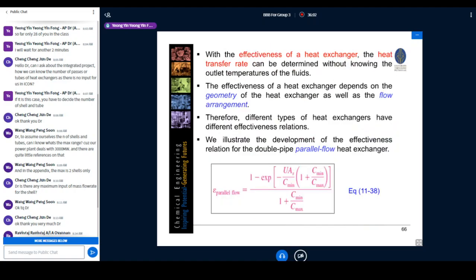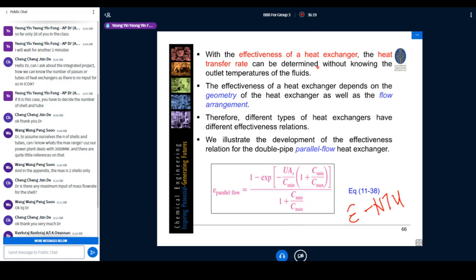So we will introduce the NTU right now. Why do we call it the effectiveness-NTU? It is explained in the following slides. The heat transfer rate of a heat exchanger can be determined without knowing the outlet temperatures of the fluids.